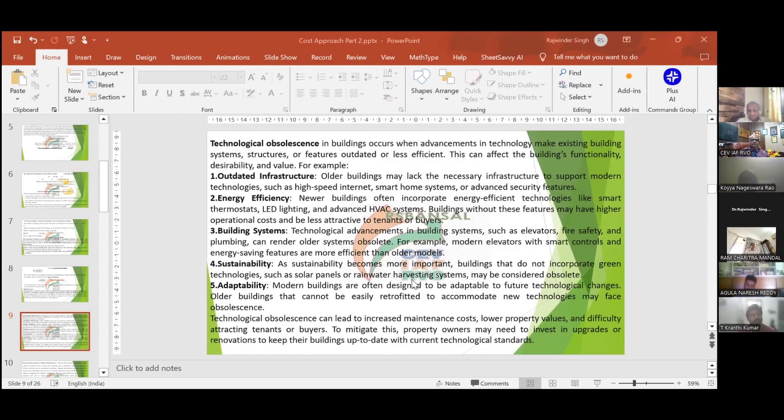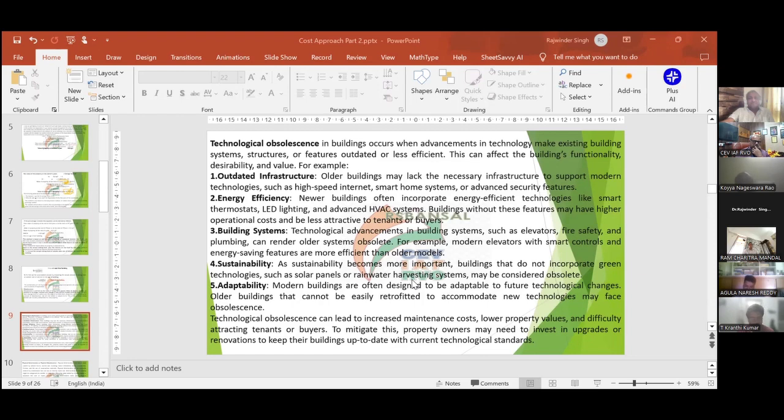Green building criteria, energy efficiency. So efforts are being put in for more sustainable buildings, having green building concepts. And then modern adaptabilities. So modern buildings are designed in such a way they can adopt the modern technology, which was not there in the design of older buildings.